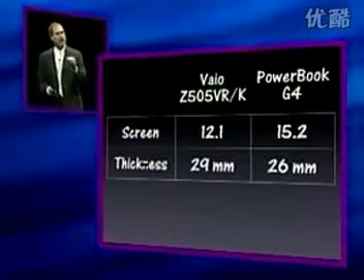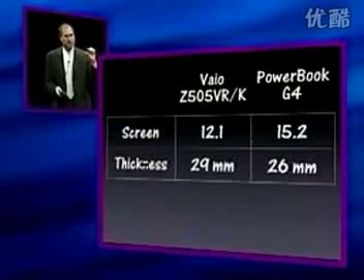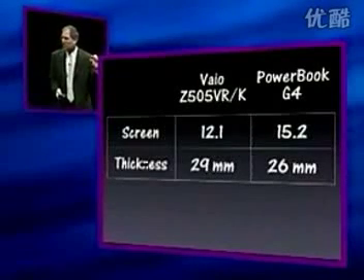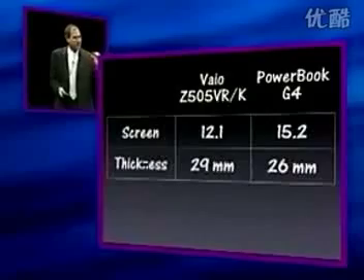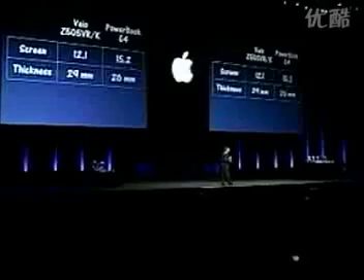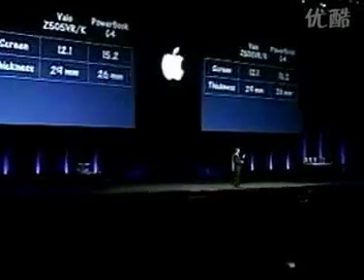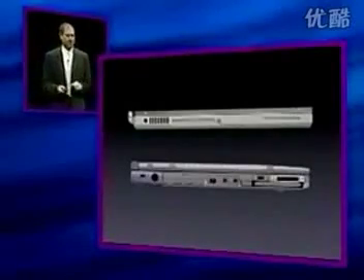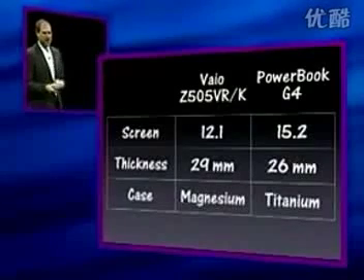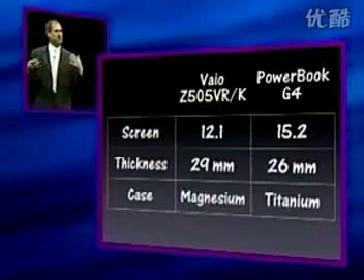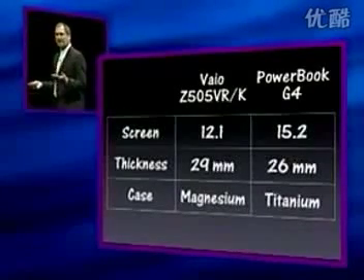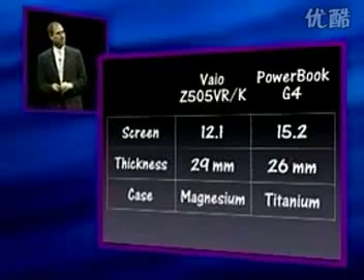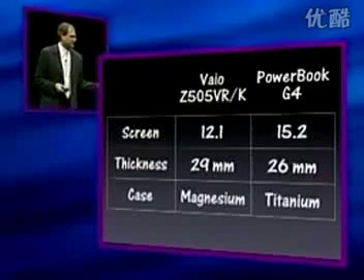The new PowerBook is thinner than the VAIO. Amazing. It's thinner than the VAIO. You can see for yourself. There's the VAIO. There's the PowerBook. It's thinner. And it's made out of a material for this new century, titanium, not last century's material, magnesium.